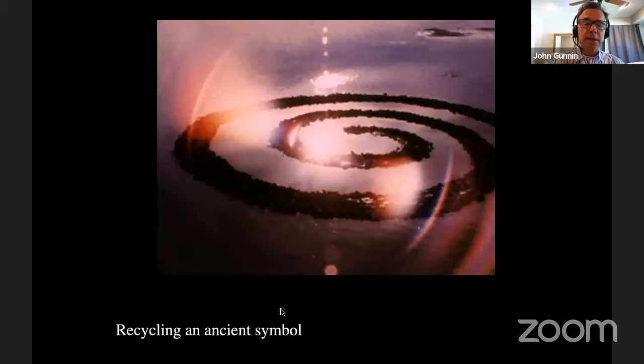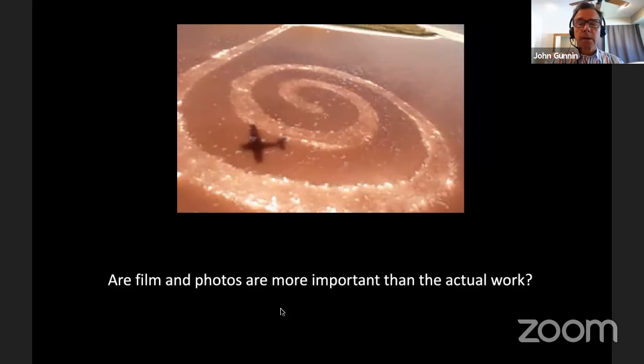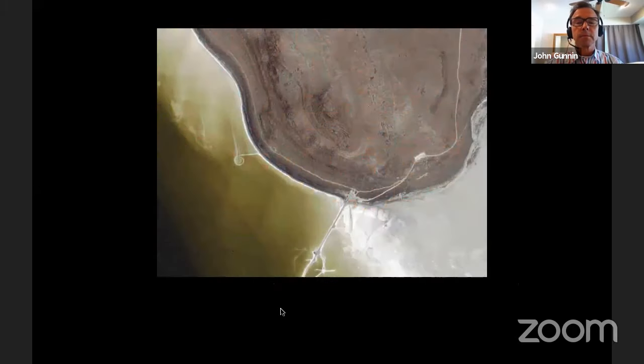The spiral itself is an ancient symbol. We can find it in many cultures, including on the great stupa at Sanchi, which is one of the works in your image set. And here we can see a nice photo. There are photos and film of the jetty. The only work that can be seen from space.